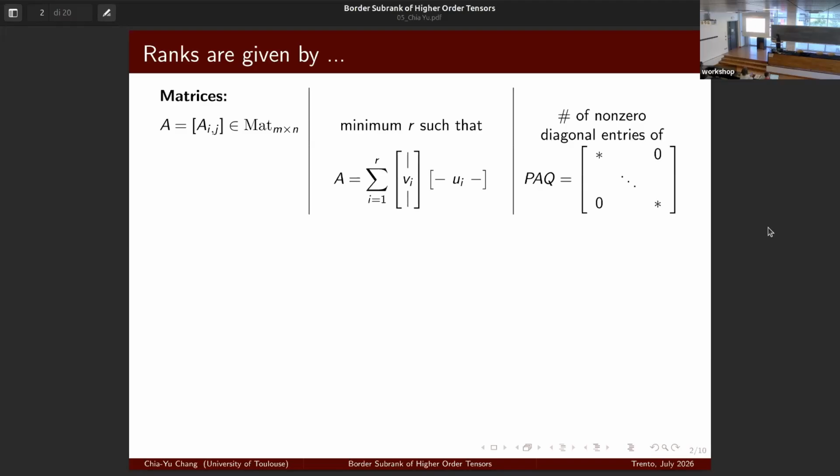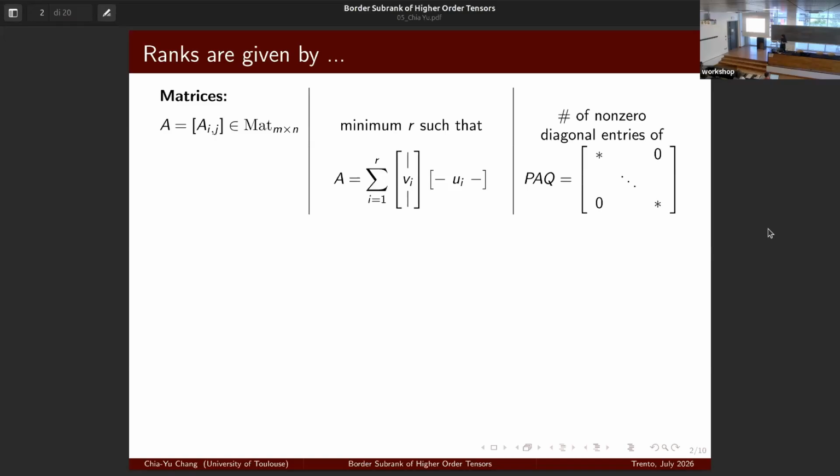The first one is that the rank of a matrix is the minimum integer r such that the matrix can be written as the sum of r rank 1 matrices. Another method is applying row and column transformations on a matrix to make it diagonal. And the number of non-zero diagonal entries is the rank of the matrix.